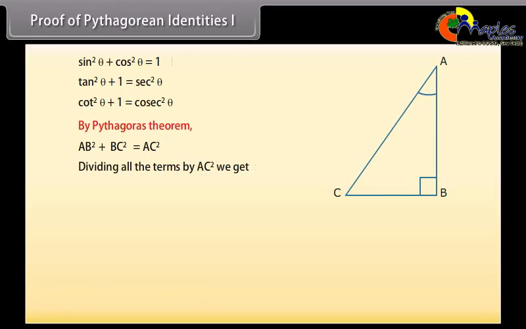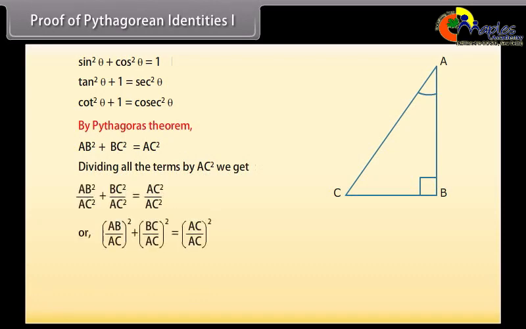Now dividing each term by AC square, we can write it as AB upon AC whole square plus BC upon AC whole square equals AC upon AC whole square. That is, cos square A plus sin square A is equal to 1.